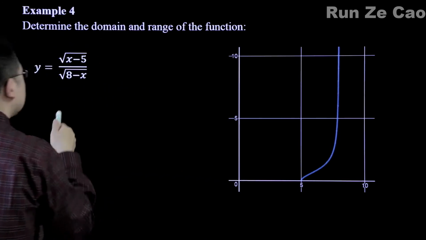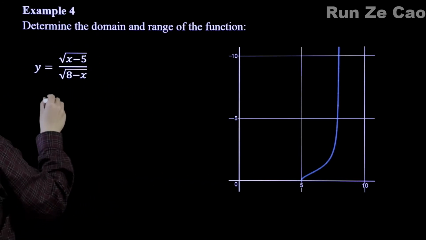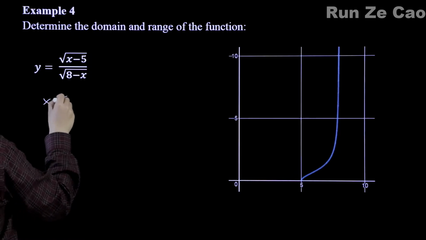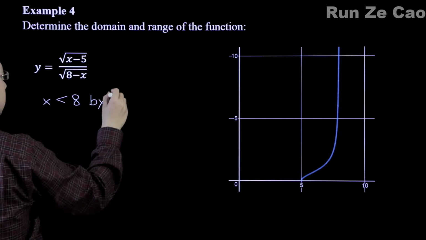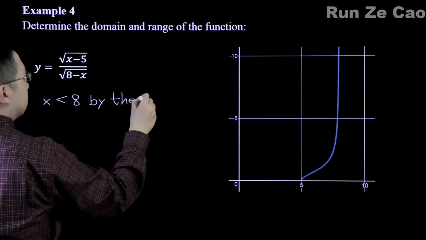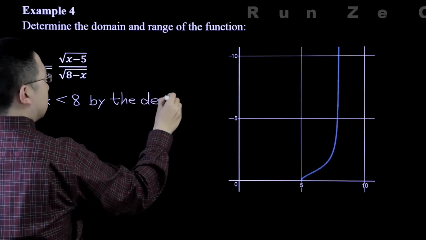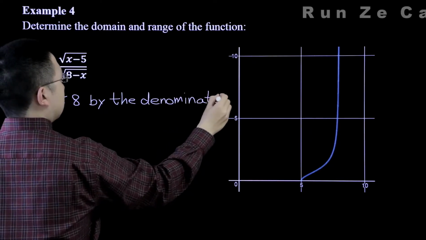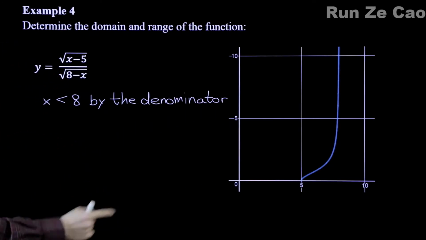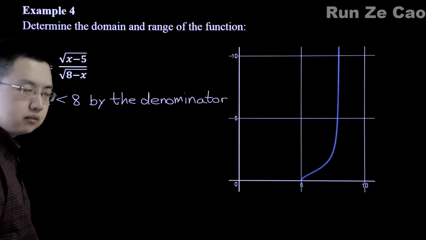Well then, we see that x is smaller than 8 by the denominator. Because, well, we can't divide by 0.